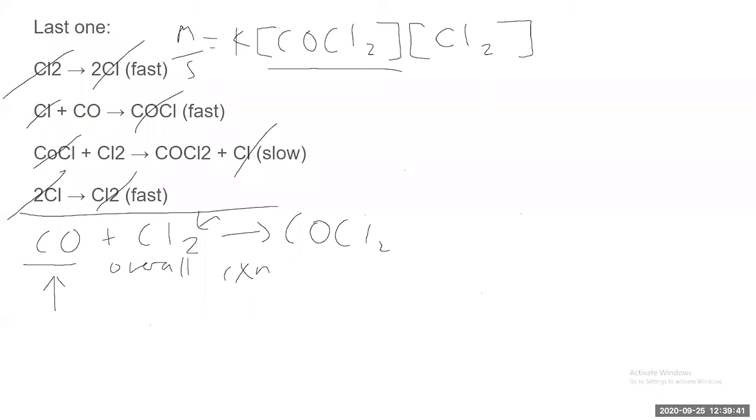But why is it not COCl? Oh, sorry. Yeah, you're right. It's supposed to be COCl, because this is the slow one. I looked at COCl over here, and that confused me.